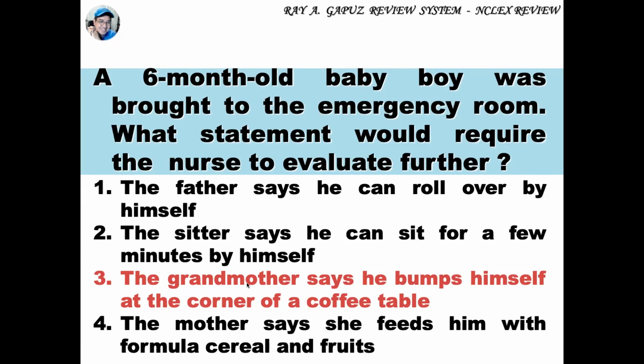They are able to roll from belly to back and back to belly. The sitter says he can sit for a few minutes by himself, which is also part of the developmental milestones at 6 months old. Number 4, the mother says she feeds him formula, cereal, and fruits, which is okay, right? Introduction of solid food.